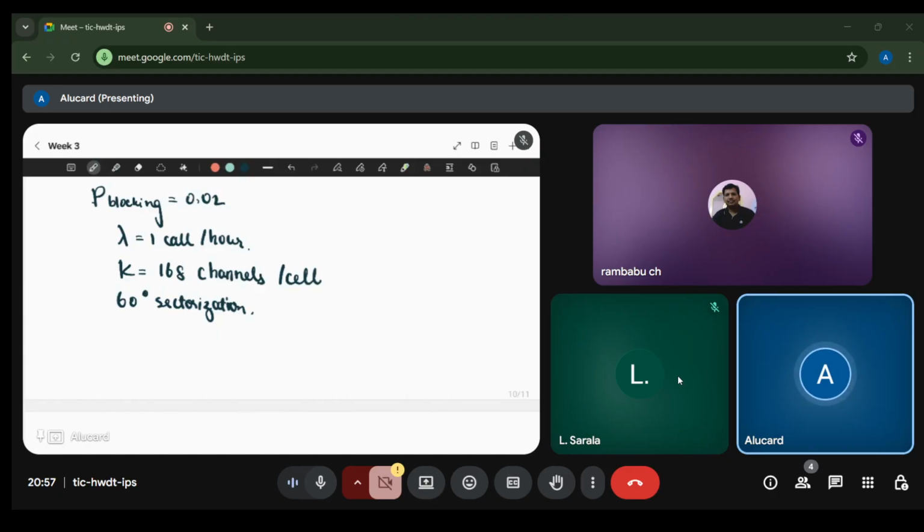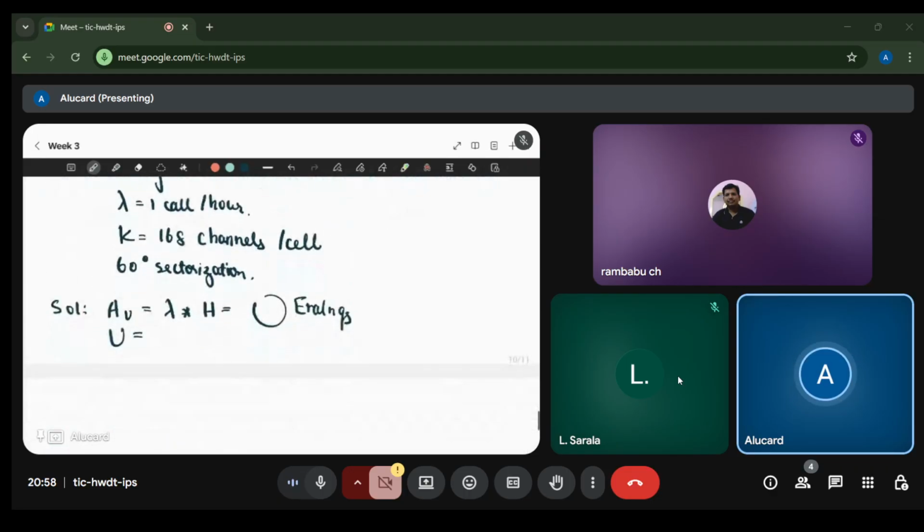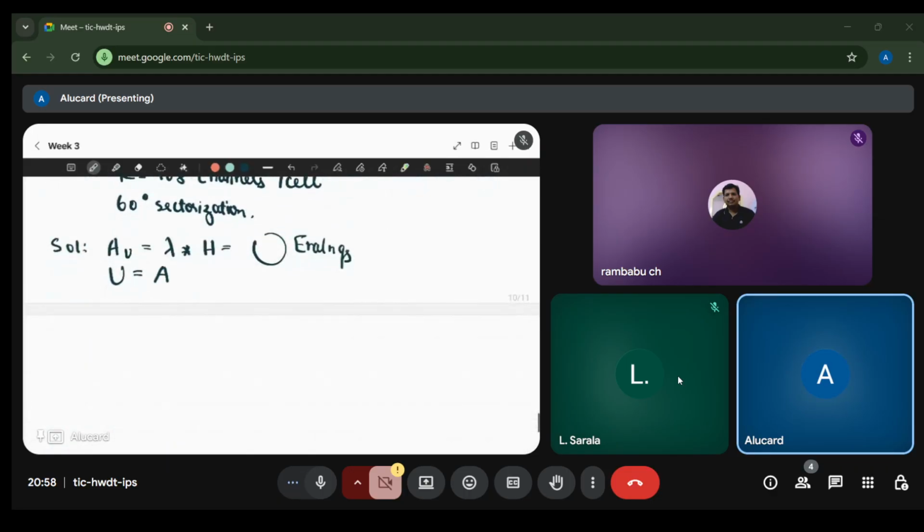So initially, you have been given lambda and h. From that you can calculate the traffic intensity per user, which is lambda times h, in Erlangs. Then the total number of users supported, U, will be the total traffic that can be handled divided by AU.